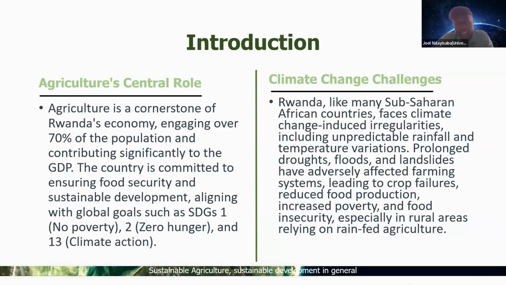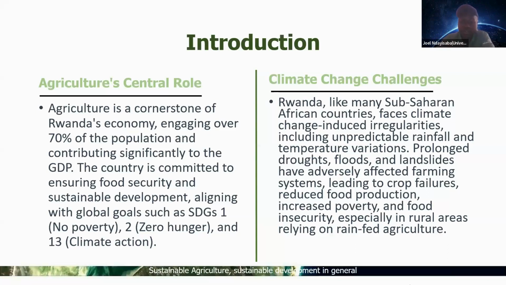So here, after the prolonged drought, floods, and landslides have adversely affected the farming system, leading to crop failure, reduced food production, increased poverty, and food insecurity, especially in our rural areas.